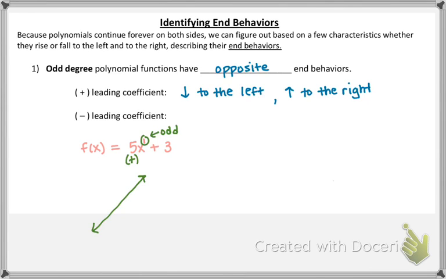And similarly, if your leading coefficient, or in this case for your line, your slope was negative, then you know that your line goes down. And so if the leading coefficient was negative, we know that my line is going to go down to the right.